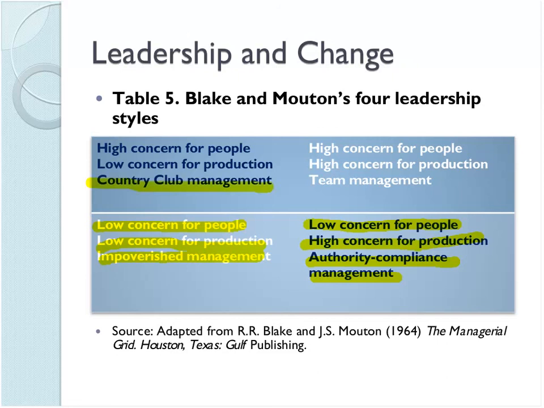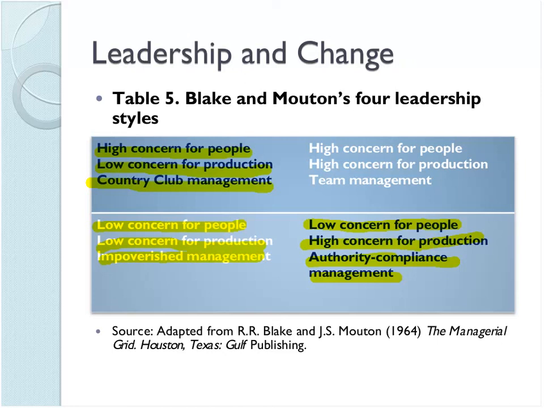Another one is the country club management style. These are leaders with high concern about the people, but low concern about production, about the business, about the organization. This is the opposite side of authority compliance management.